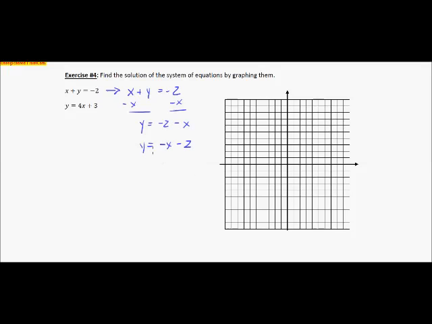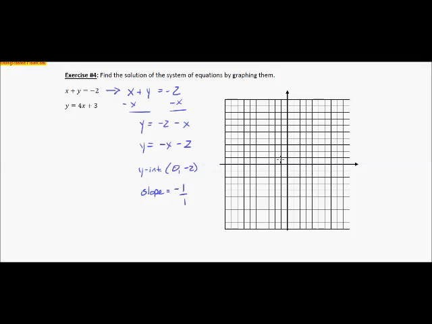So I get y equals mx plus b. Now in this case, my y-intercept is going to be (0, -2), and my slope is going to be negative 1. I can write that as negative 1 over 1.